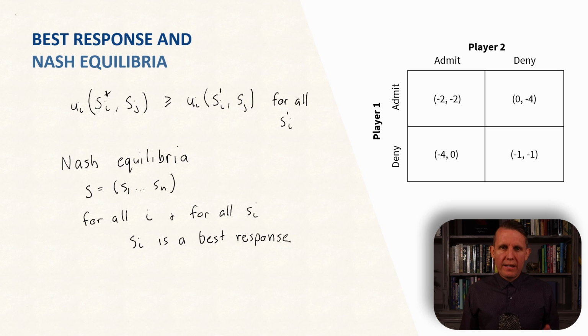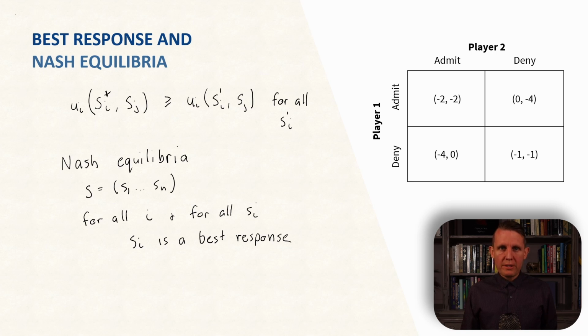So let's just pause and analyze these two concepts again. If agent J, or all of the other agents, pick a certain strategy profile, then the best response to that strategy profile is the strategy that maximizes the utility. This assumes that we know in advance which strategy profile agent J is going to select. If we know that, we can define a best response.